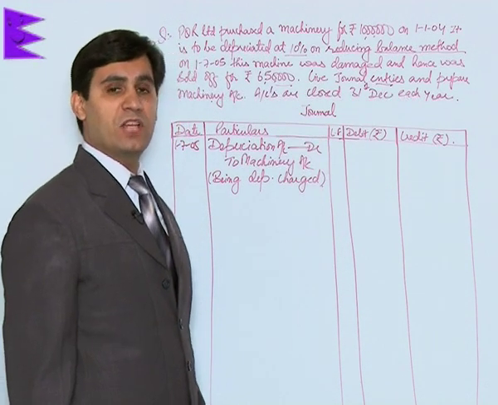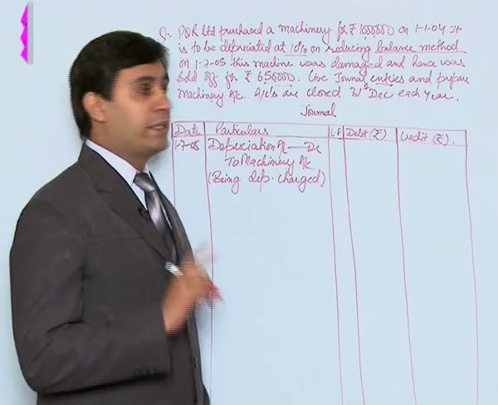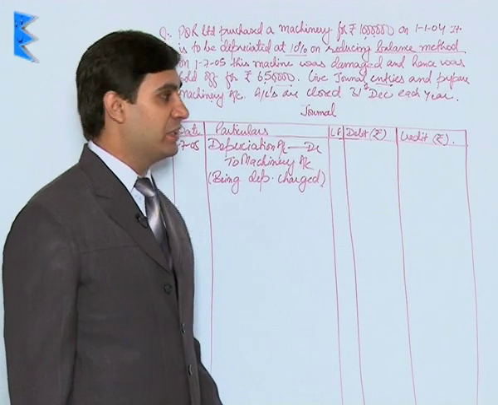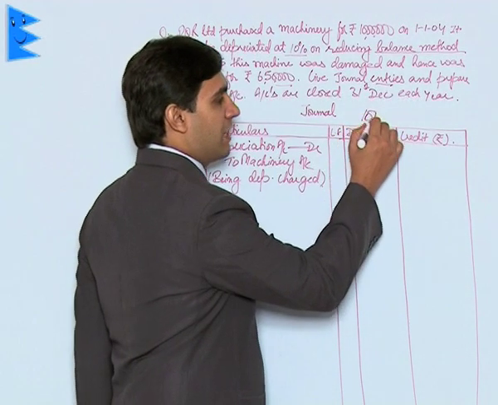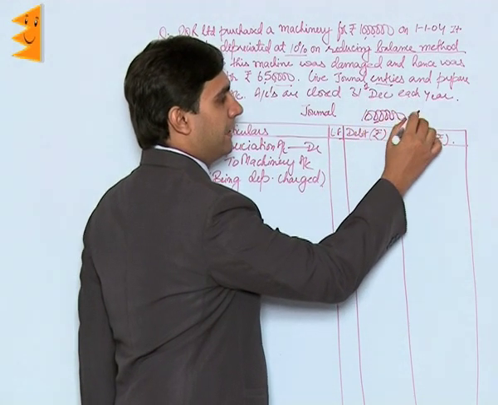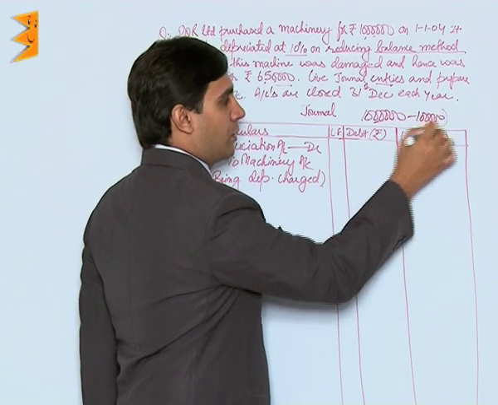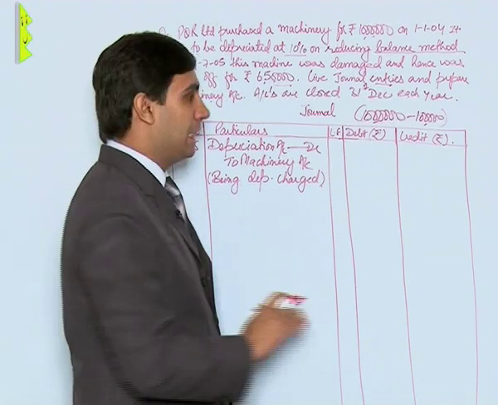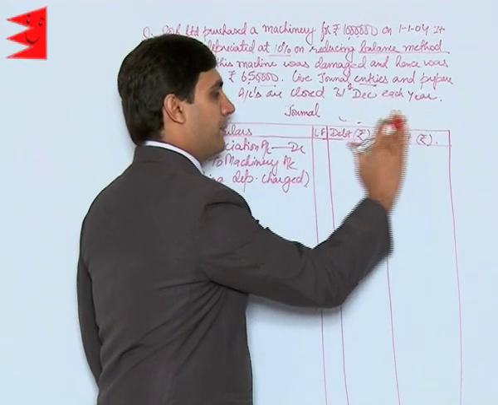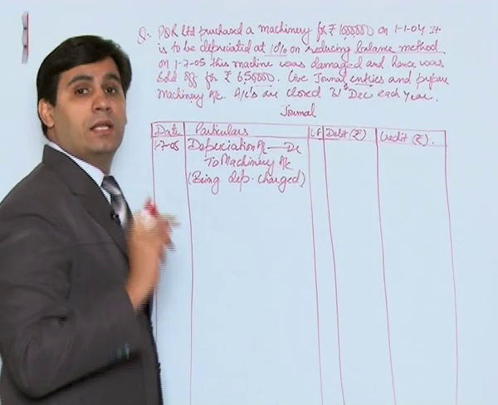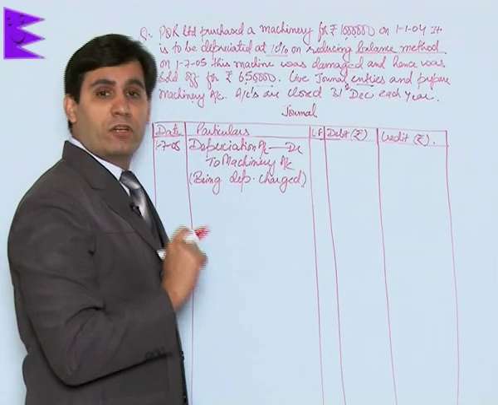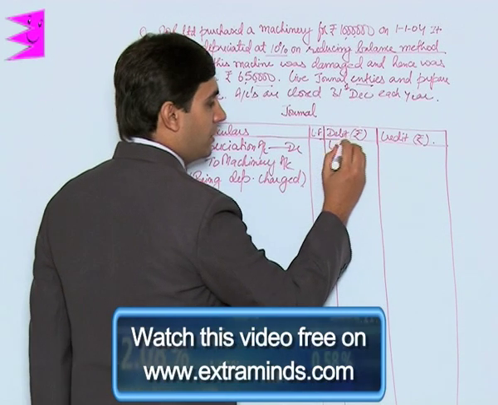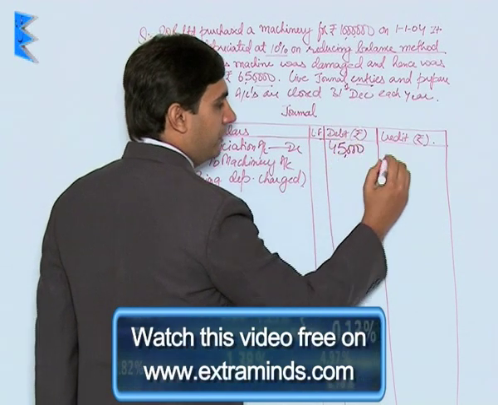So 10% would be charged on 10 lakh, that was the original cost, minus 1 lakh depreciation for the previous year. That is, it would be charged on 10 lakh minus 1 lakh. So the book value comes to rupees 9 lakh. So in this case, depreciation would be charged for 10% for 6 months on rupees 9 lakh, and it comes to rupees 45,000.